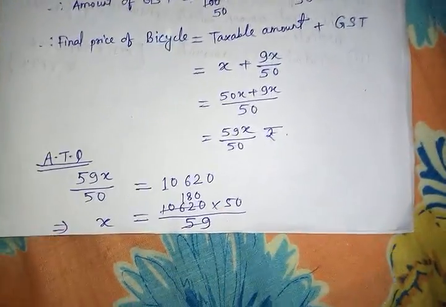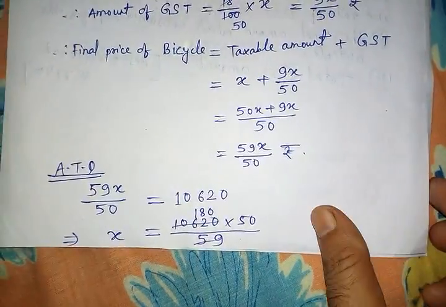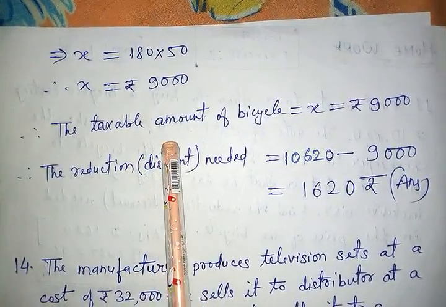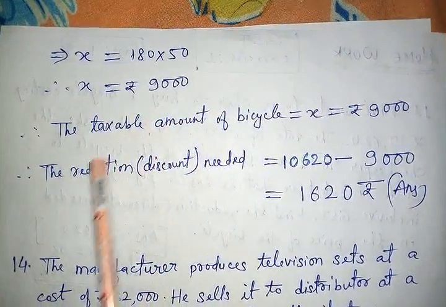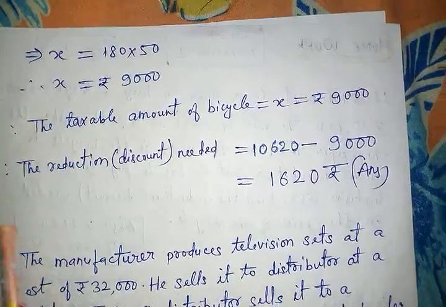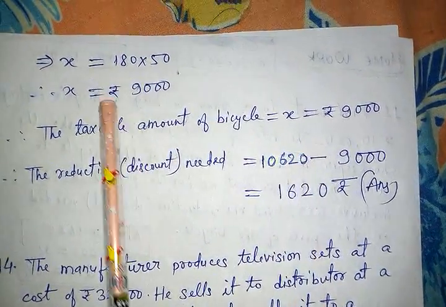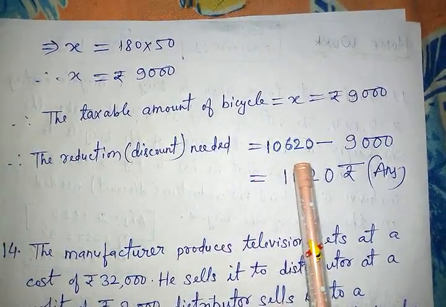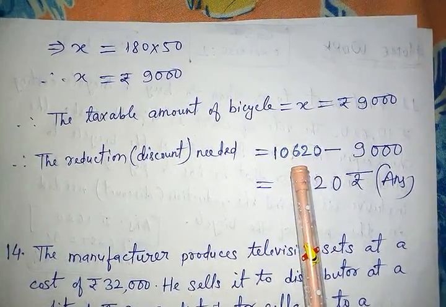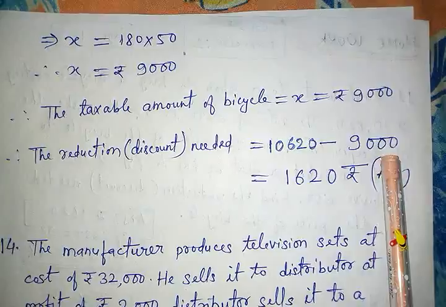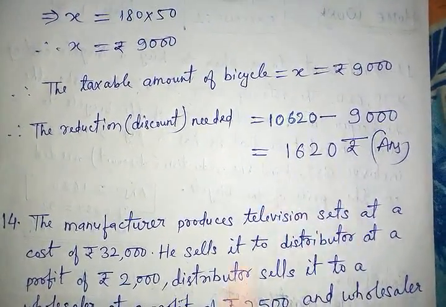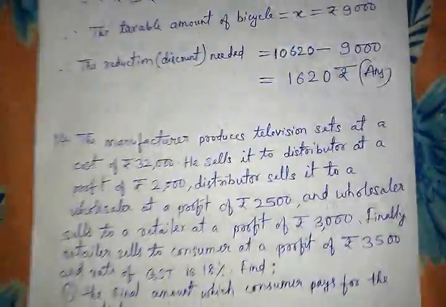When we simplify, we get 180, and 180 multiplied by 50 gives 9,000. So 9,000 is our taxable amount. So the taxable amount of the bicycle is X, and the X value is 9,000. So the discount: 10,620 was the actual price, where now 9,000 is the taxable amount. That means 1,620 rupees is the discount on the cycle.